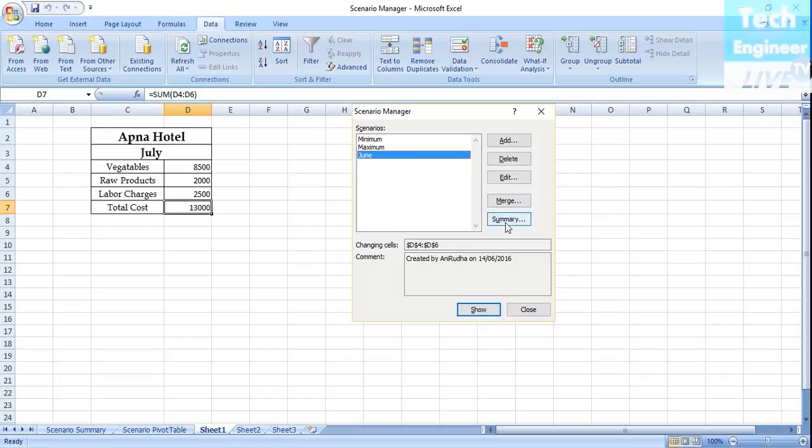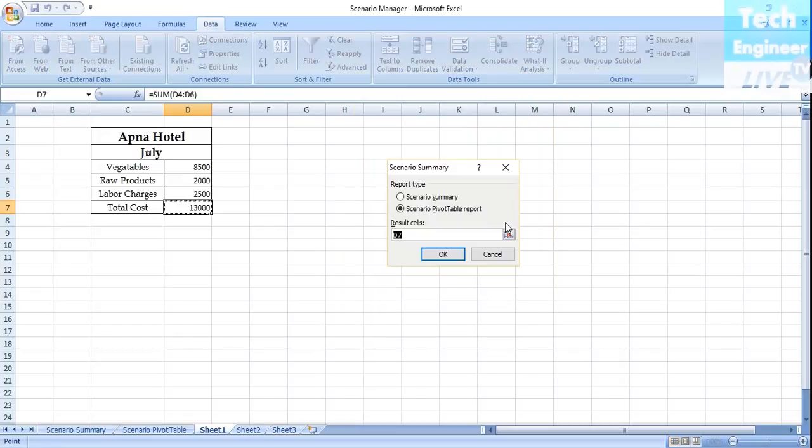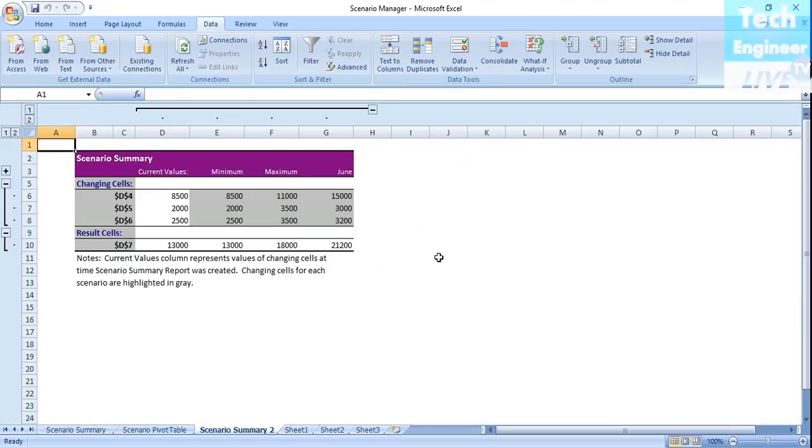We want to see the summary, so the amount will remain the same. Scenario summary, and you can see this is what the amount will be. For example, the current value, the minimum could be 13,000, the maximum could be 18,000, and at June month there is a possibility we have already paid 21,200 rupees.